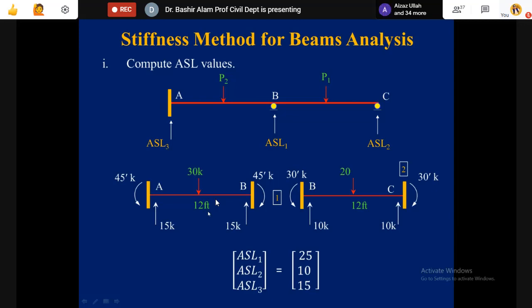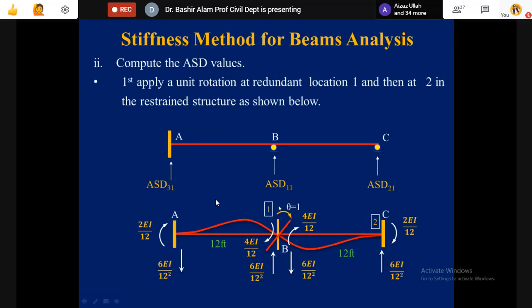Next now, the ASD values, here it will become ASD11, ASD21 and ASD31. So now can somebody tell me what will be the value of ASD11? Zero. Very good.